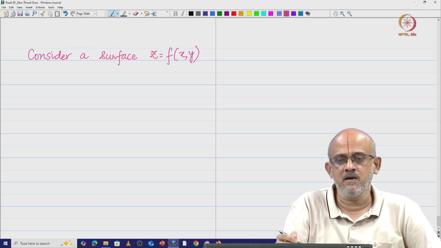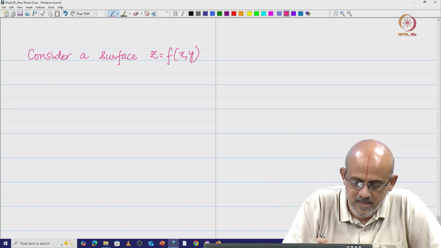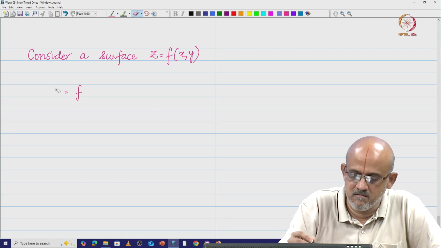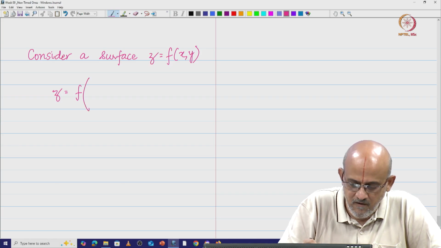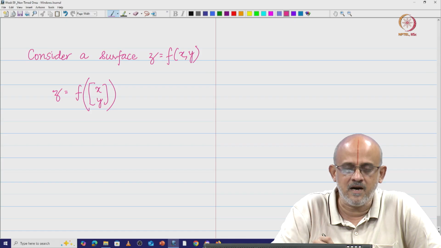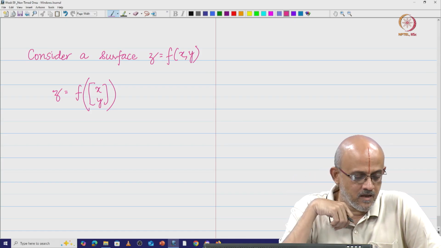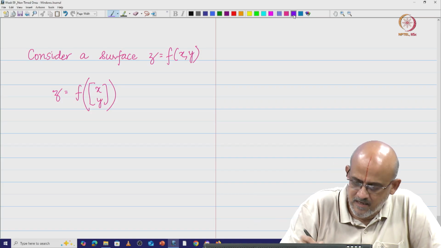So if we want to bring it to the notion of a vector in R2, I will write this as z is equal to f of x y. This clearly says that the function is going to map R2 to R, right. Now let us take this case.